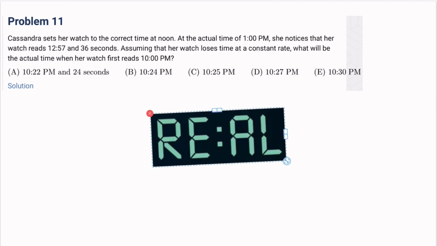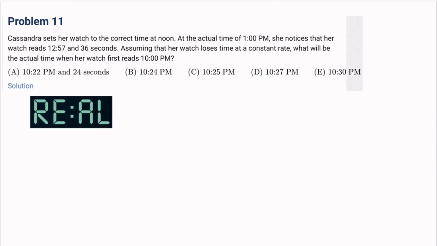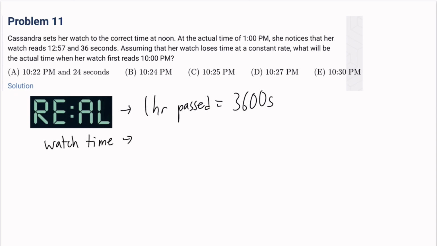So we can say that the real time was when 1 hour passed, right? And this is equal to 3,600 seconds, right? But then the watch time, this was 57 minutes and 36 seconds passed, right? And so this means it lost 2 minutes 24 seconds, which is 120 plus 24, which is 144 seconds, right?